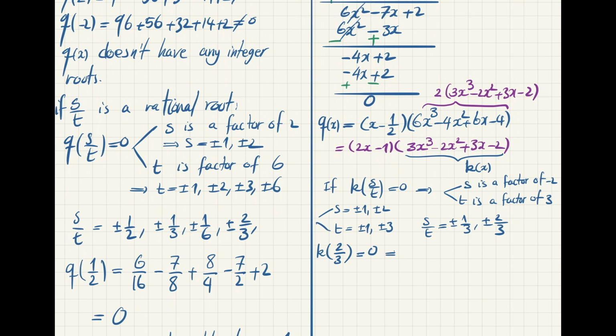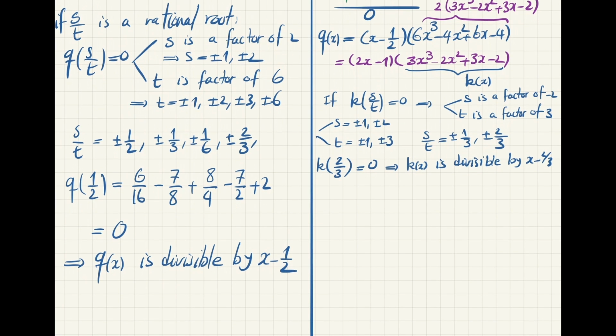And this means that k of x is divisible by x minus 2/3. So now I do the long division for this k of x. I divide this by x minus 2/3, and then I can change my color now here.